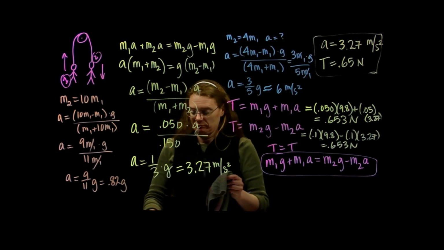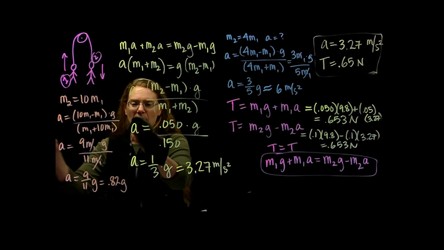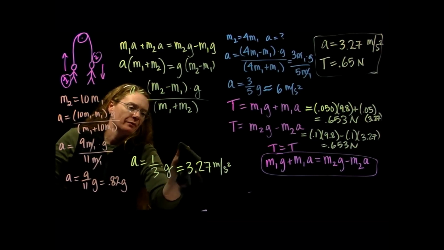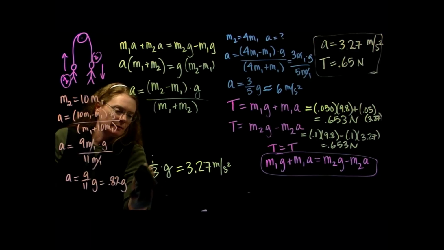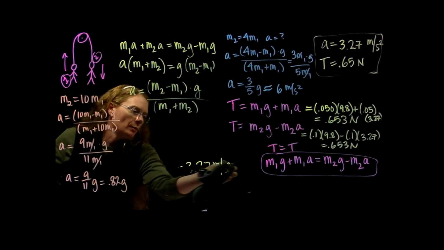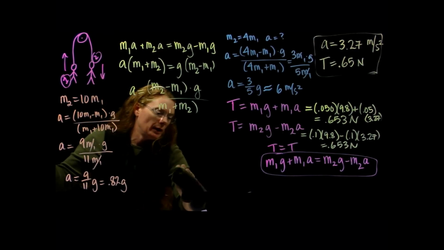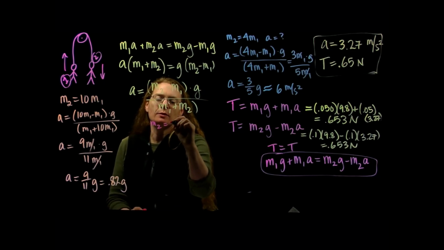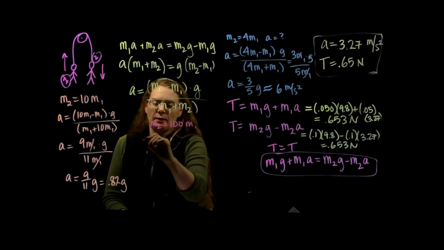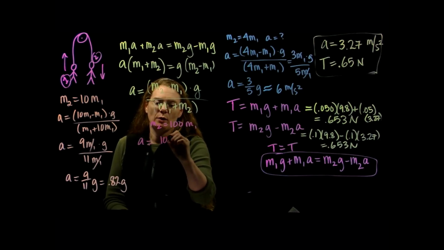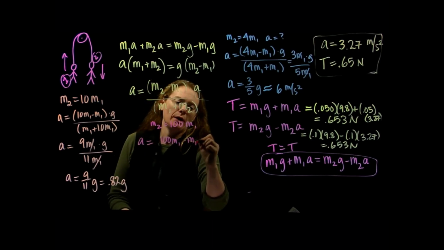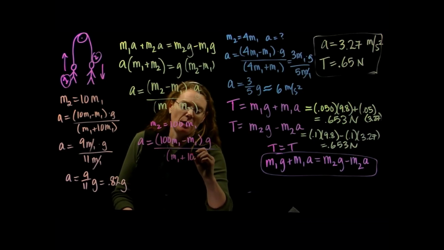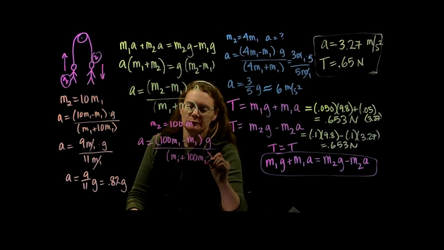What would be a next jump? How about 100? So what if we make the heavy mass 100 times bigger than the lighter mass? See if you can do the math. So now m2 is 100 times bigger than m1. Our acceleration would be 100 m1 minus m1 times g all over m1 plus 100 m1.